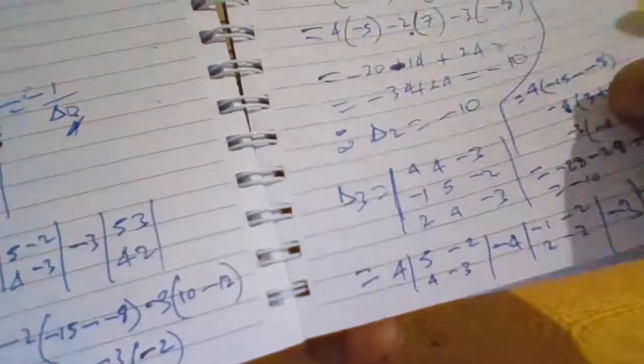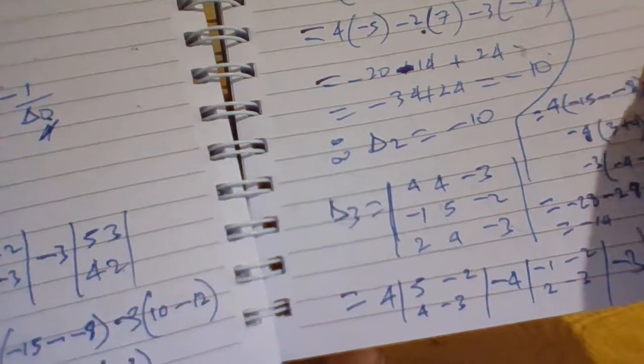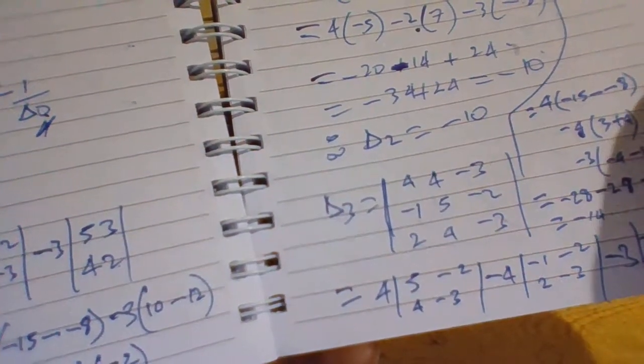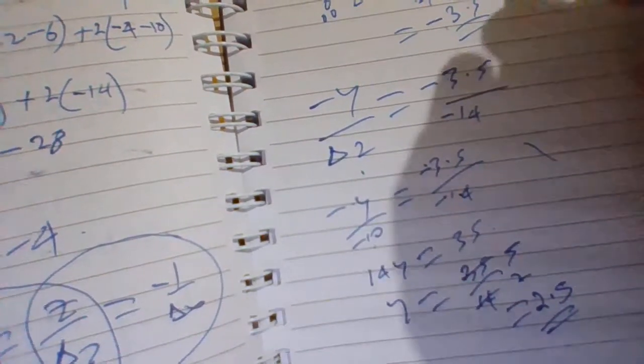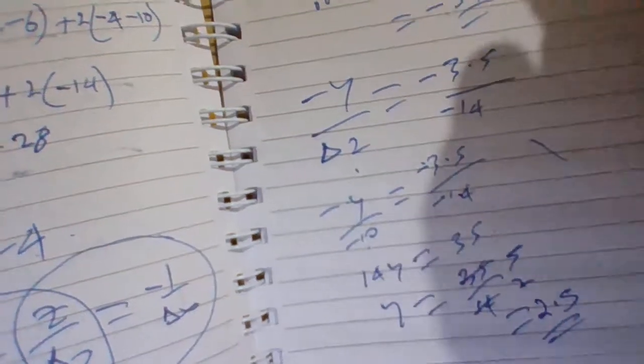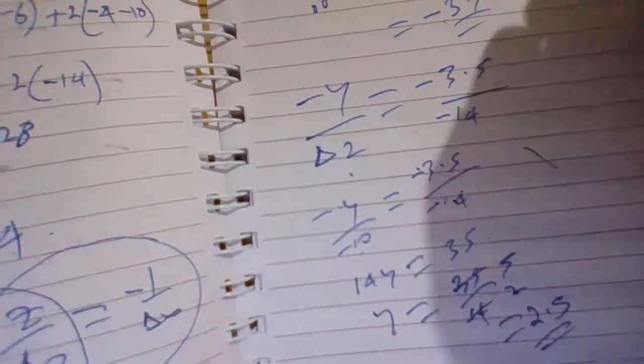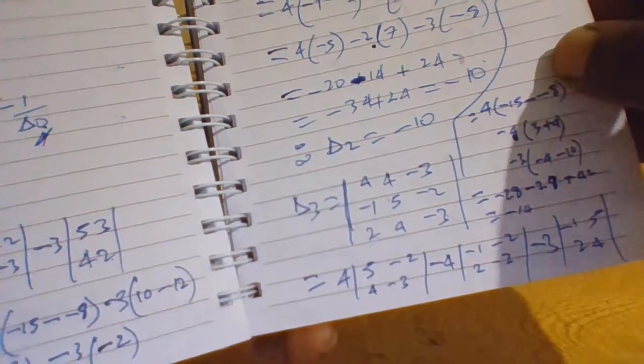Therefore, x over del 1, del 1 was 0, equals to y is now 2.5, so we have minus 2.5 over del 2, negative 10.